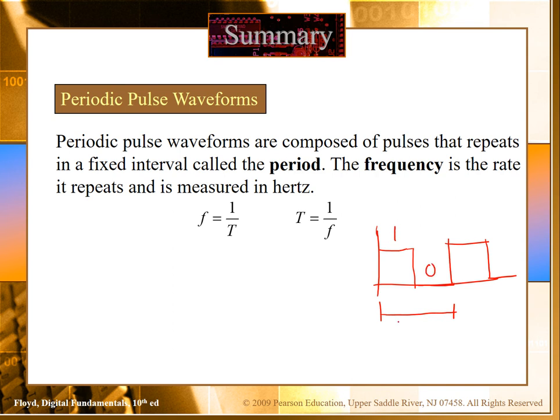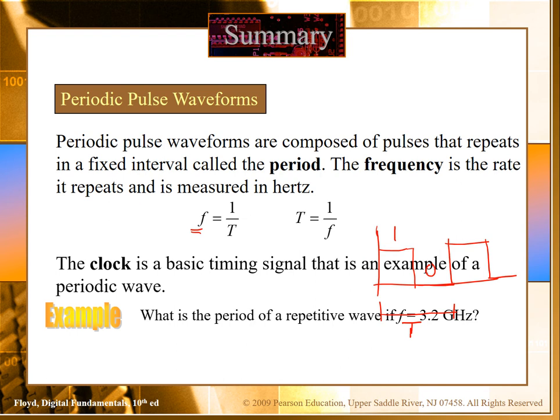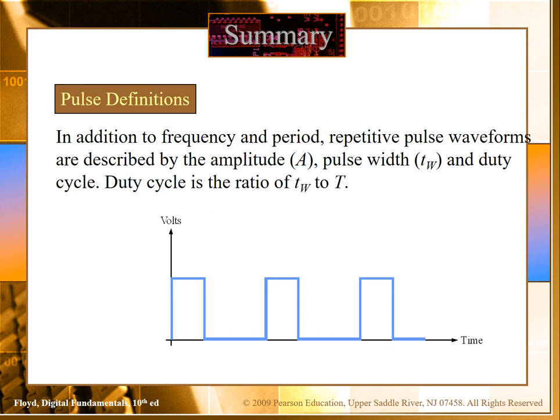This is the time period, and the reciprocal of that is called frequency. We have seen examples of how to calculate the frequency and time period of the pulse waveform. Then we saw other important definitions of the pulse, which include the amplitude, the height of the pulse, then the pulse width, and the period of time.